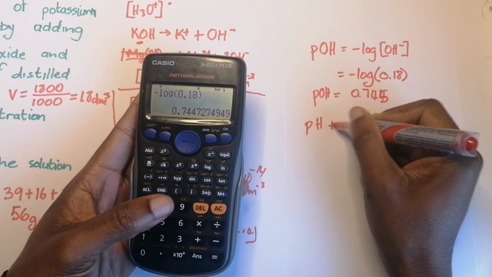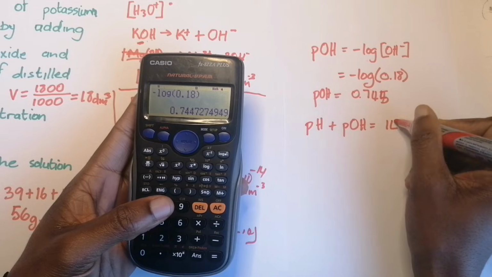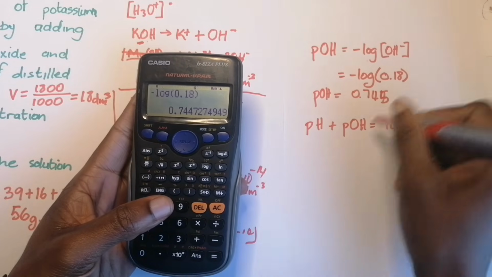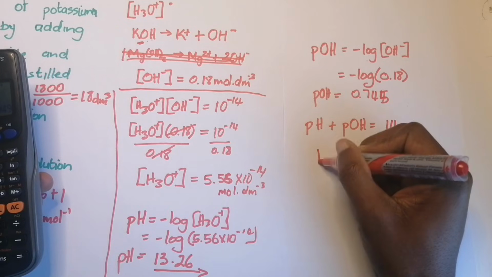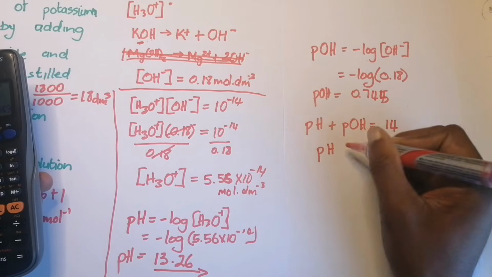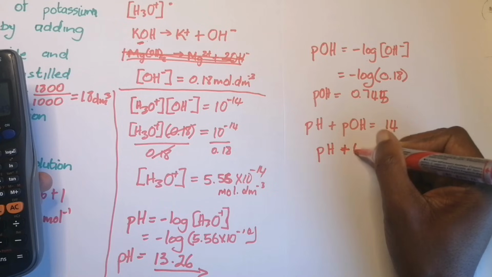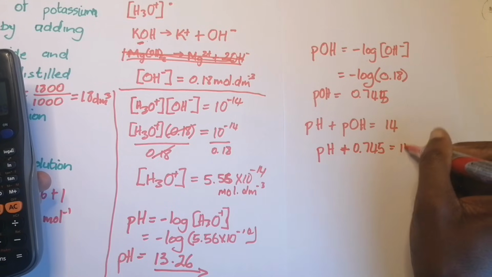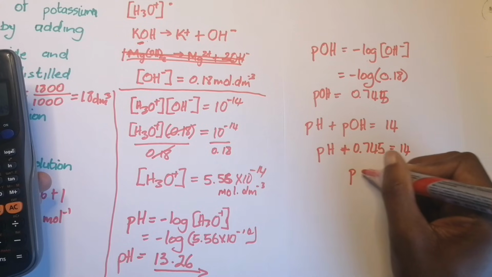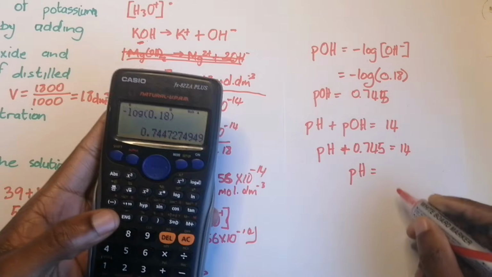But what do we know? pH plus pOH is equal to 14. Please note a positive 14 this time. So pH plus 0.745 is equal to 14. I'm going to take two significant figures, that's the lowest that I have there.